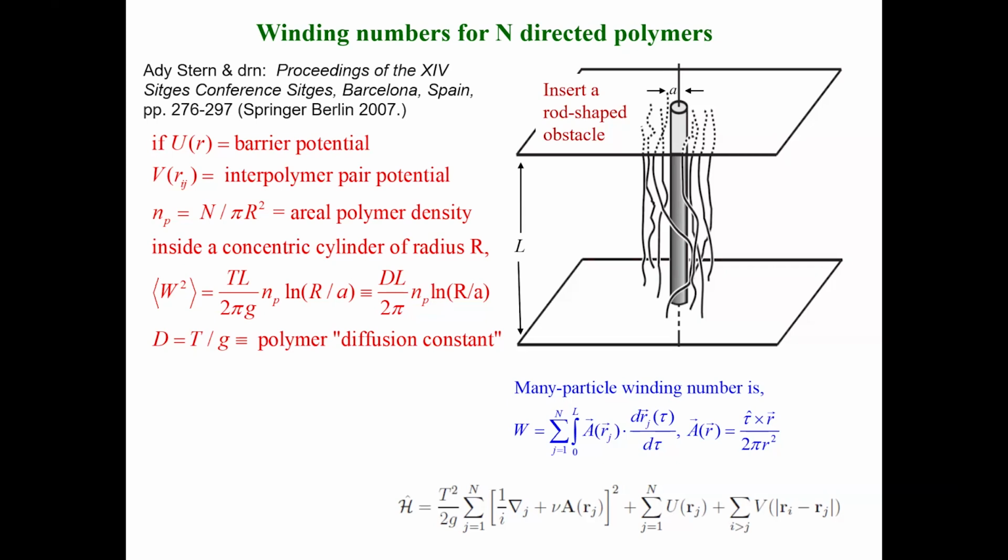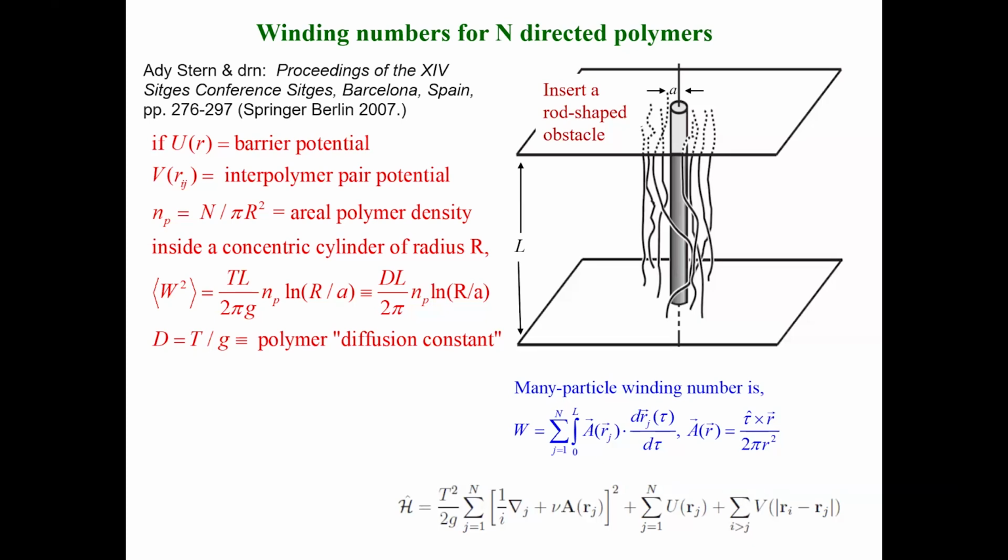And what Addie and I managed to figure out was what this many polymer winding number looks like, what its fluctuations look like, even in the presence of interactions. And because it's so much like a superfluid, and in the limit that L goes to infinity, you're projecting out the ground state.